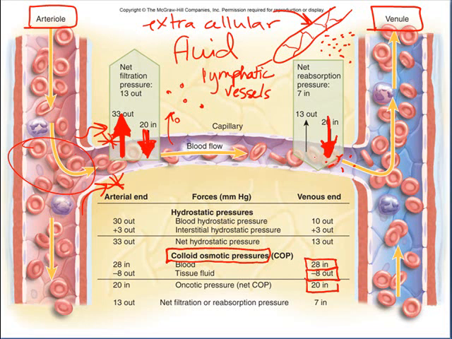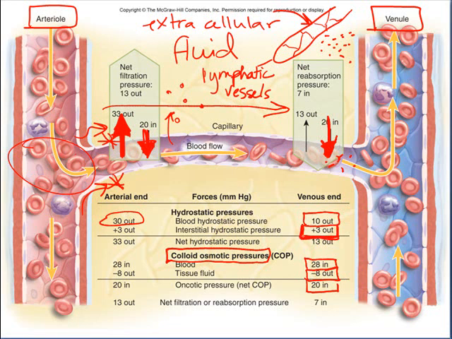What did change is that because I've gotten a little farther away from the left ventricle, my pressure has dropped a little bit. So whereas on the arterial end, my blood pressure was pushing fluid out with a value of 30, now look, on the venous end, it's only pushing fluid out with a pressure of 10. We still have the lymphatic system serving as sort of a vacuum effect to pull water out of the blood.